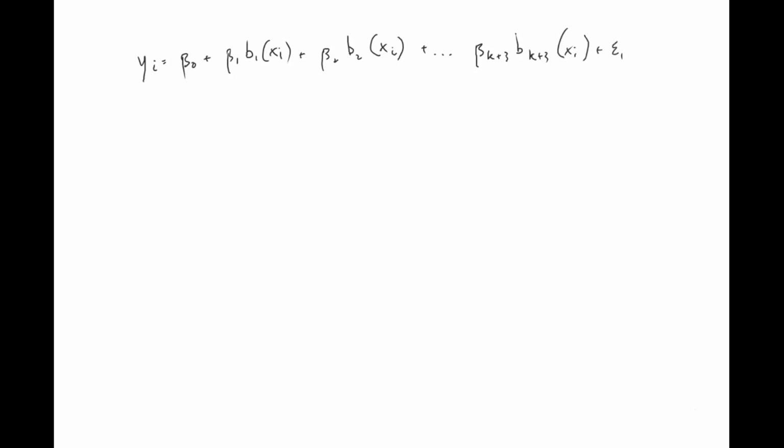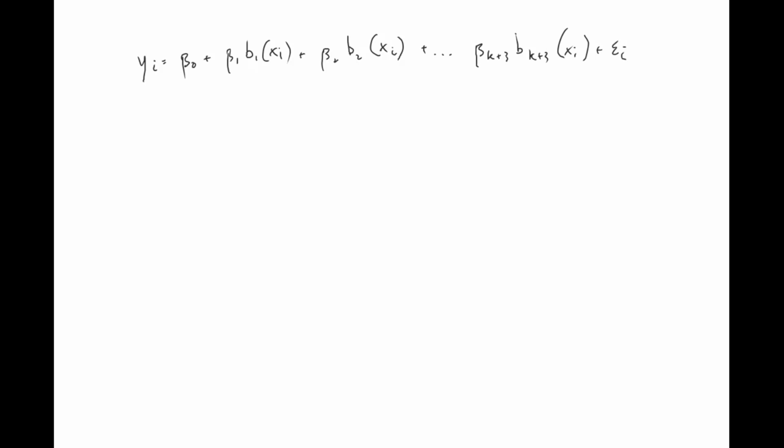That's my error term. And the b's, sorry, not the betas, the b's represent basis functions that are transforming the data in order to get that sort of fit. Okay, and so that contains information about the knots.